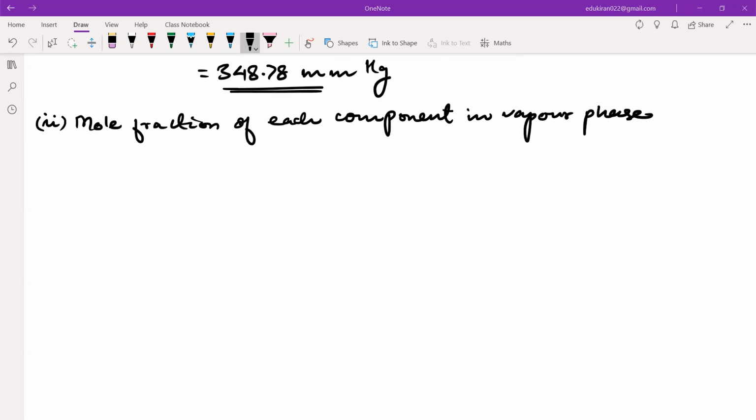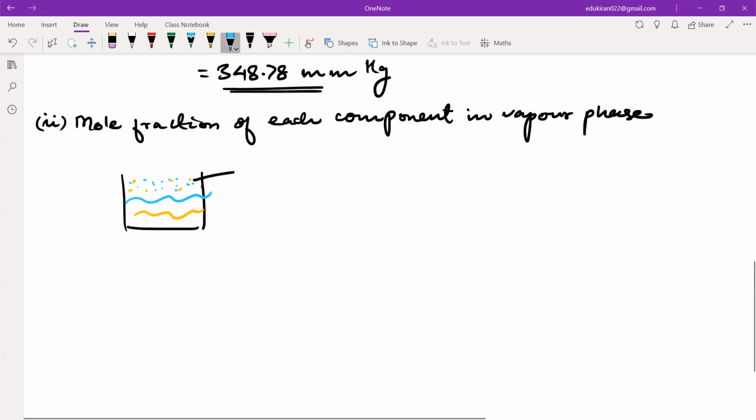That means what are they asking? They are asking that if we have any liquid like this, let us say there are two liquids and there will be two kinds of vapors also, right? There will be two types of vapors, and they're asking what is the mole fraction of the blue one and what is the mole fraction of the yellow one.